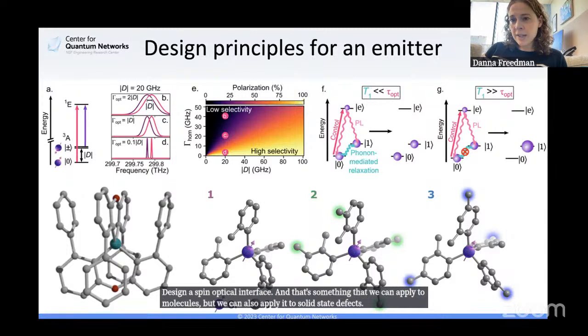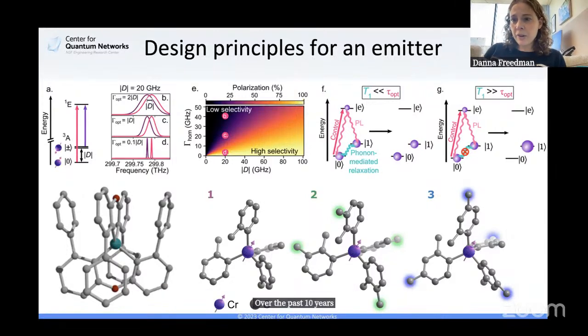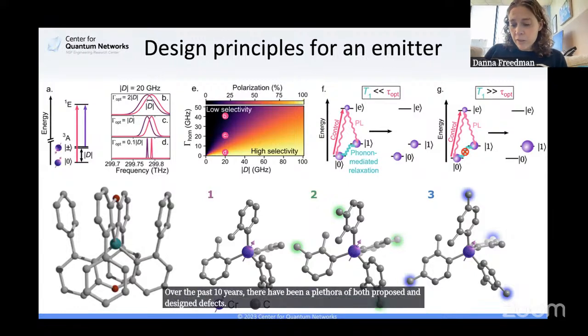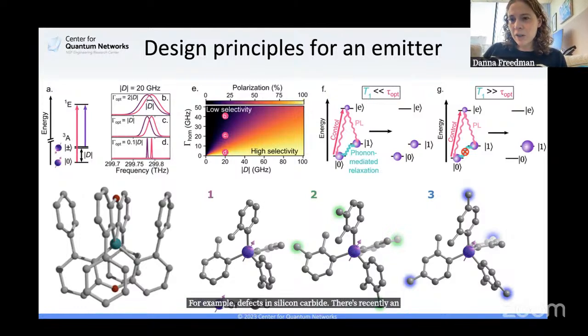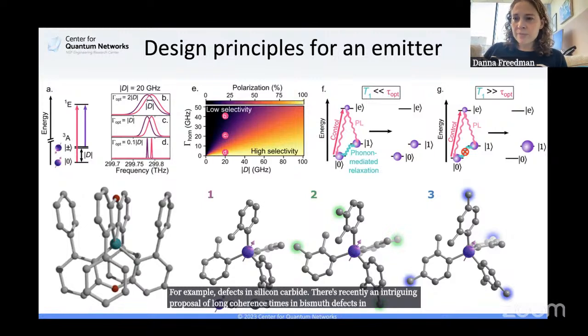Over the past 10 years, there have been a plethora of both proposed and designed defects. For example, defects in silicon carbide. There's recently an intriguing proposal of long coherence times in bismuth defects in magnesium oxide or calcium oxide.